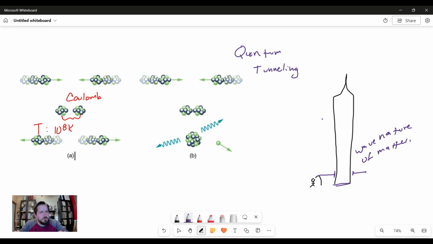But we're talking about teeny tiny particles, and they are essentially just waves out there. They don't have to overcome that barrier. It just tunnels right through it and says, sucks to be you, I'm out.